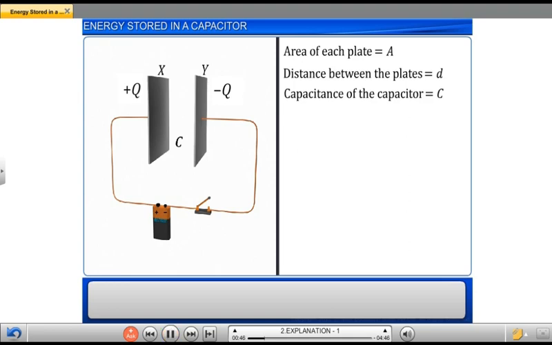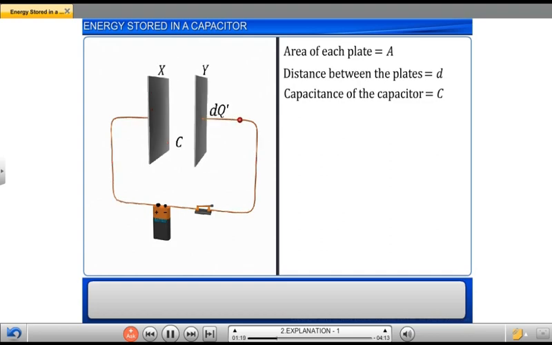Let us now try to understand the mechanism involved in the process of charging of the capacitor plates from an energy point of view. In order to do that, we need to first imagine that the plates of the capacitor are completely uncharged. Now imagine removing infinitesimally small positive charge plus dq' from the plate Y and transferring it to the other plate repeatedly.